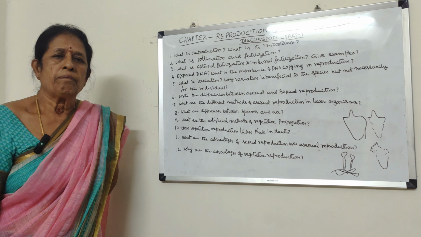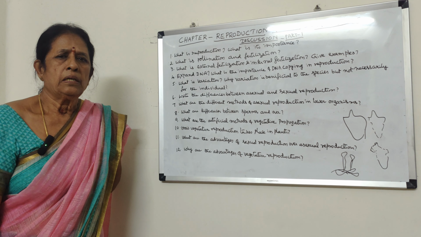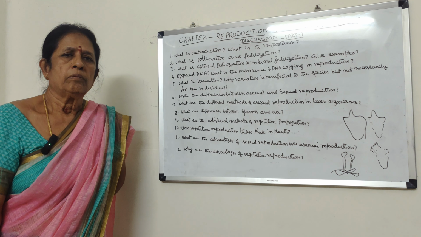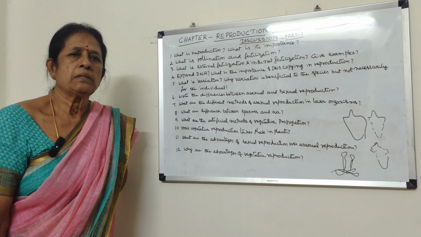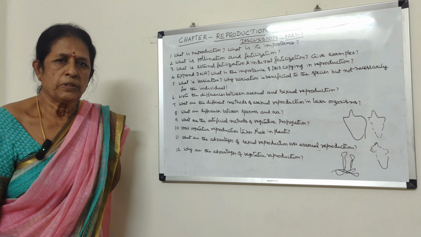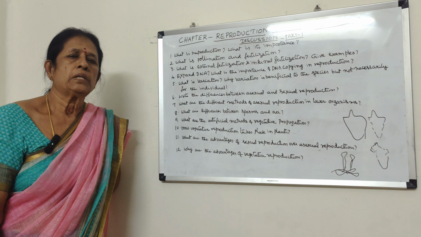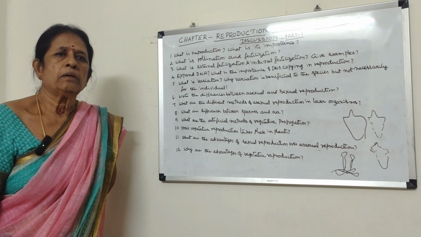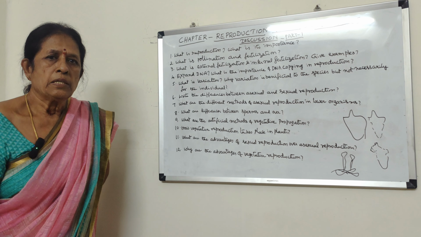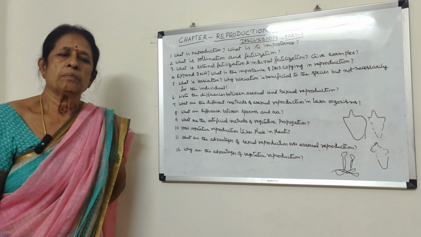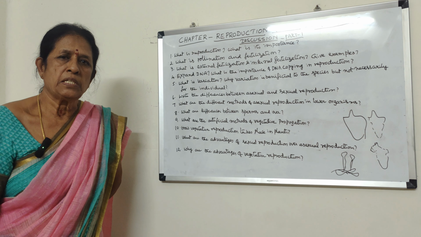The next one is grafting. Grafting is another method where a plant with a beneficial healthy root is allowed to unite with a healthy stem, so that they grow into a new plant with good characters in both the root system and the shoot system. The plant which provides the root system is called the stock, and the plant which provides the shoot system is called the scion.